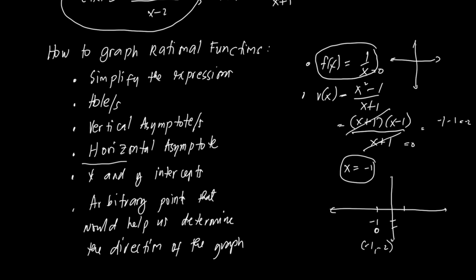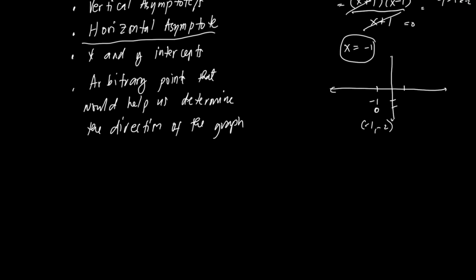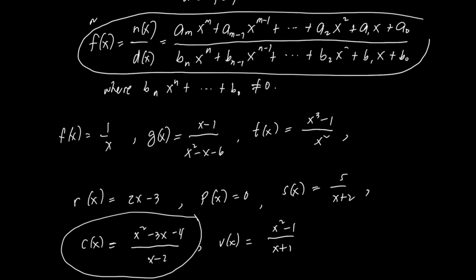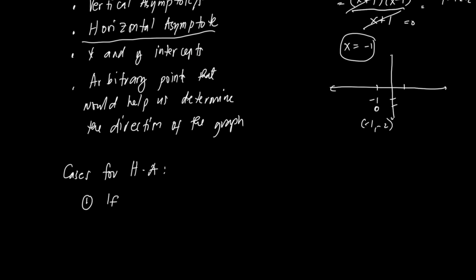Then horizontal asymptote, we have 3 cases for the horizontal asymptote. What are the 3 cases? In this presentation of the rational function, if m is less than n, then y equals 0, or the x-axis, is the horizontal asymptote.